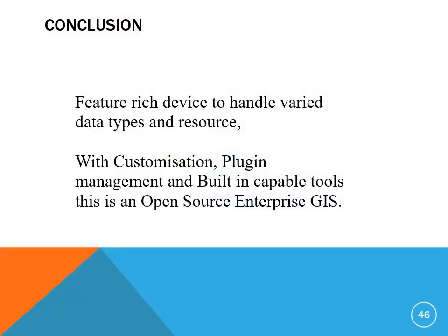Now we have reached the concluding slide. On the basis of this first reconnaissance of QGIS, it can be said that QGIS is a feature-rich open source enterprise GIS. It allows one to view and handle vector, raster, 3D, spatial databases, and virtual layers.